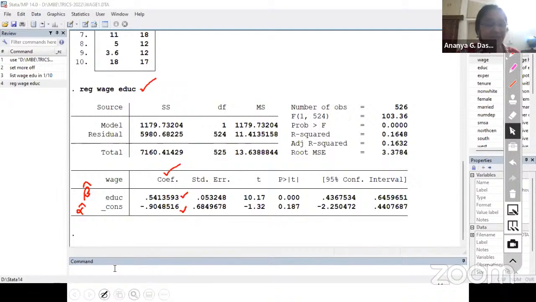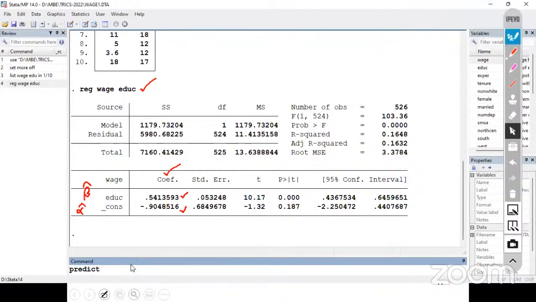Now what I'm going to do is obtain the predicted values. The predicted values are basically what I call y hats, the values which are on the line. How do I get it? In Stata, I'll just write the commands and then explain. I'm going to call this y hat.